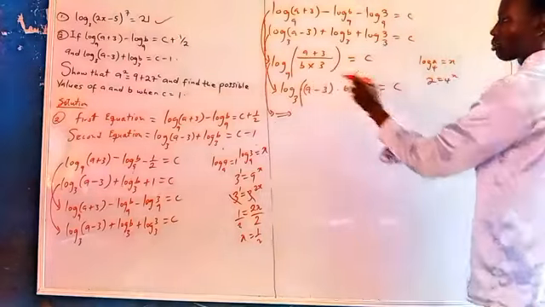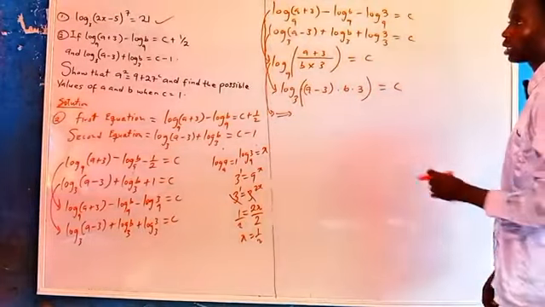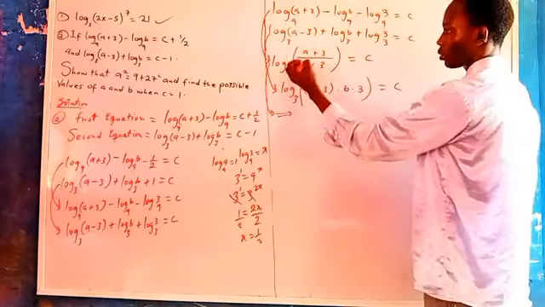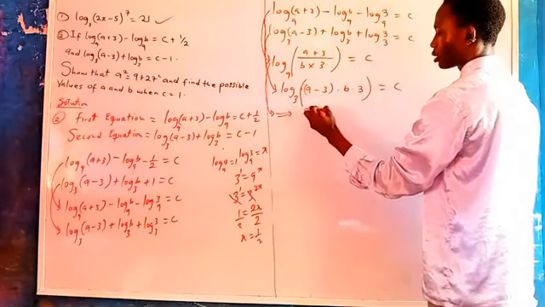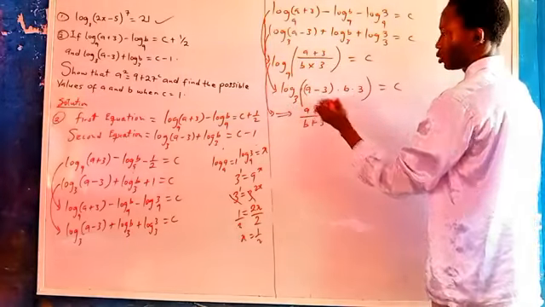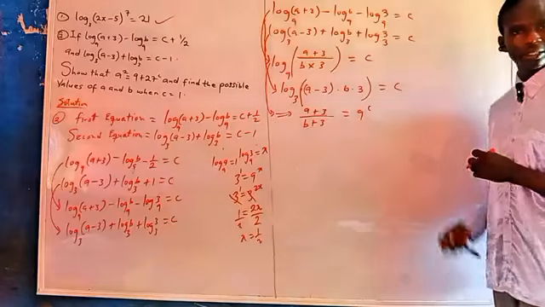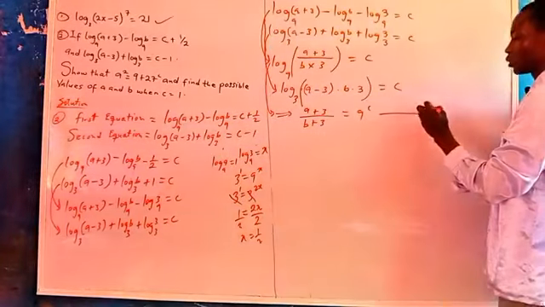That's what I want to apply to the first one, and I will do the same thing to the second one. The first equation now becomes (a plus 3) divided by (b plus 3) equals 9 to the power of c. I can now call this equation 1.